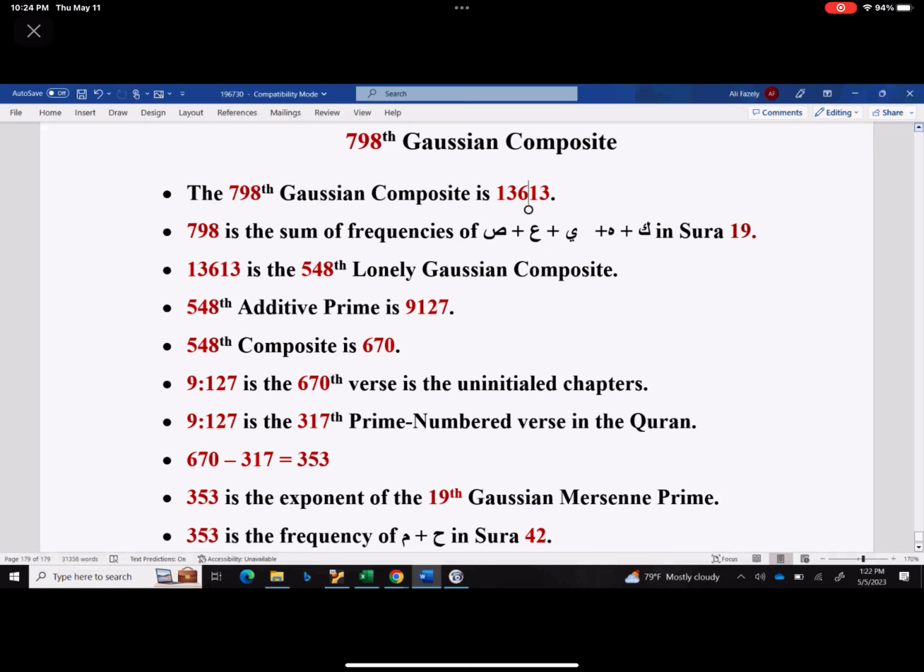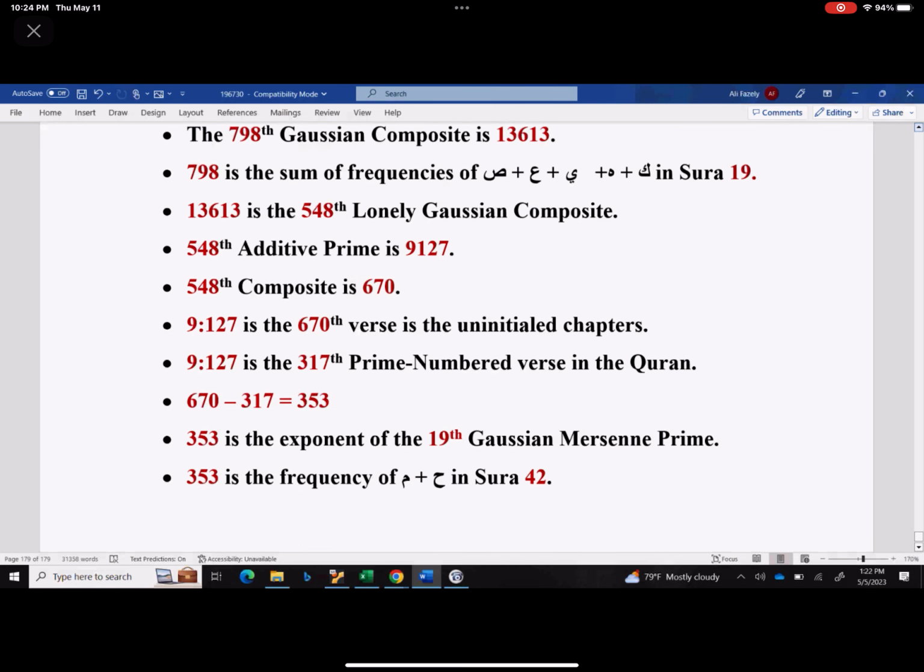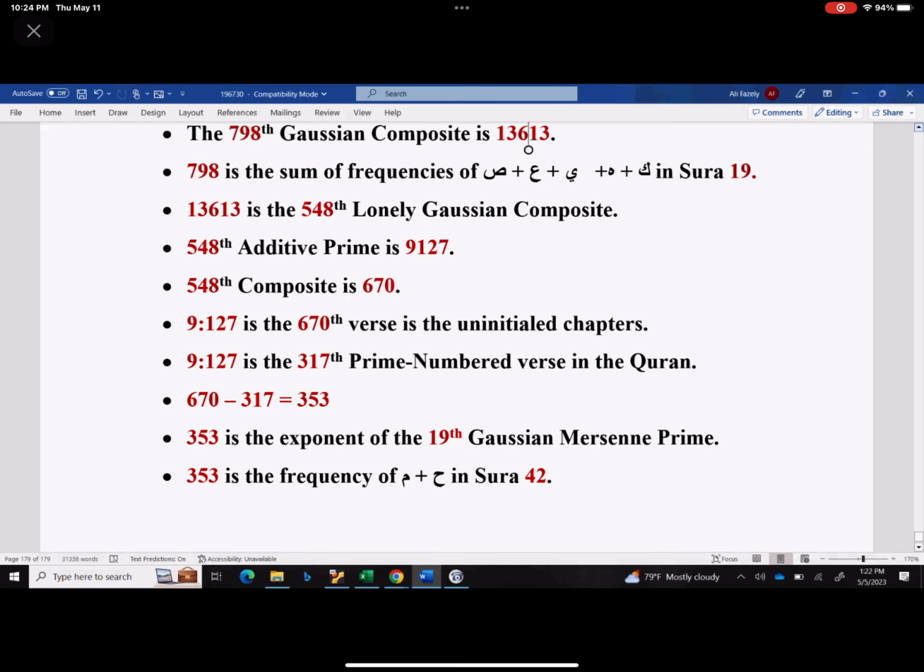These four bullets at the top are mathematical facts and they cannot be changed. Another mathematical fact: the 548th composite happens to be 670, and 9127 happens to be the 670th verse in the uninitial chapters.